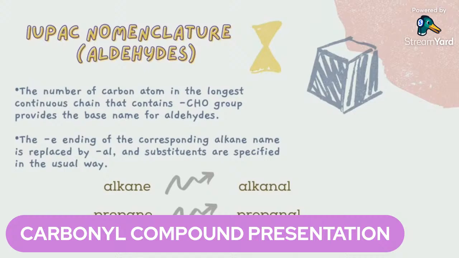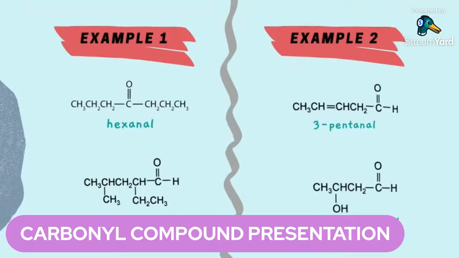Okay, let's look at the first example. We have hexane here because the longest chain of carbon have 6 carbon, so the name of this compound will be hexana. The second one is we have pentane as the parent's name, so the parent's name will be pentanal, and we have ethyl and methyl at the carbon number 2 and number 4, so the name of this compound will be 2-ethyl-4-methyl pentanal.